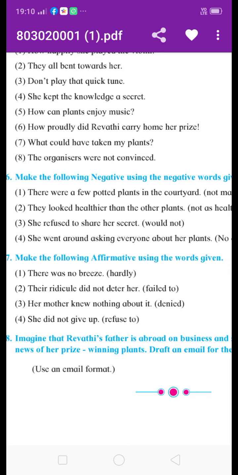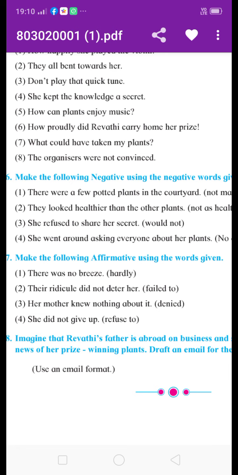Then next, she did not give up. She refused to give up. We can write 'refused' because we want to write the past tense. Instead of 'she did not', she refused to give up. Like this way we can change.